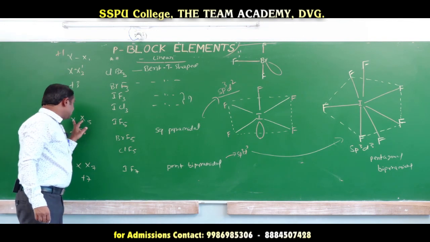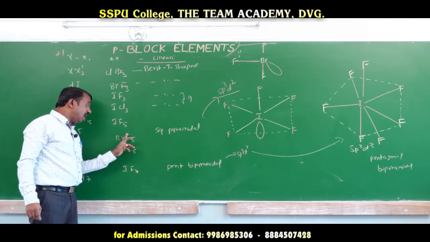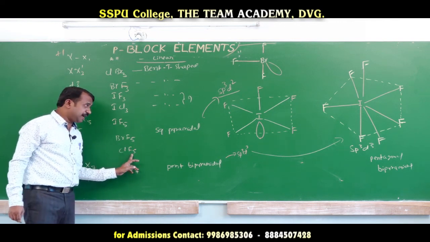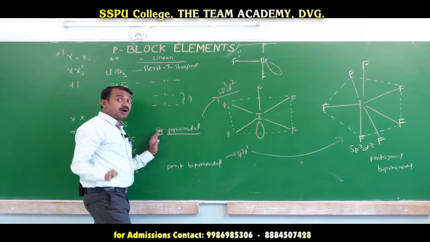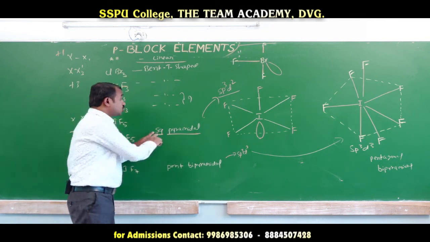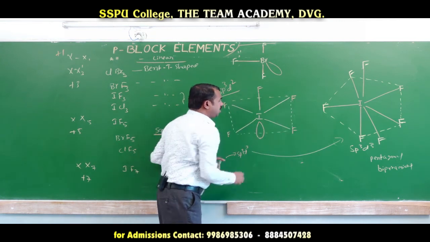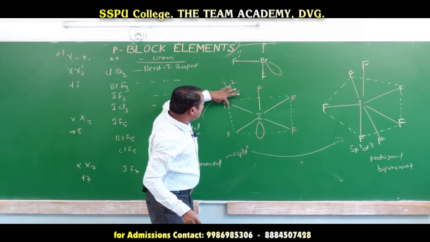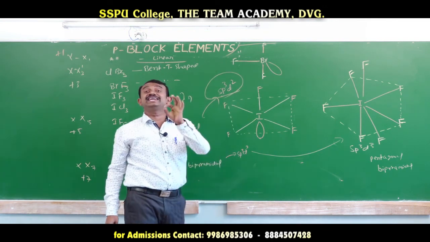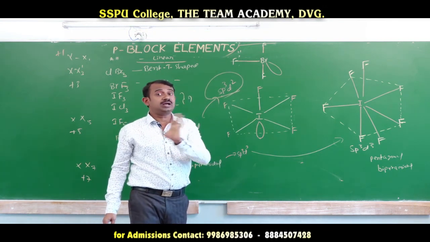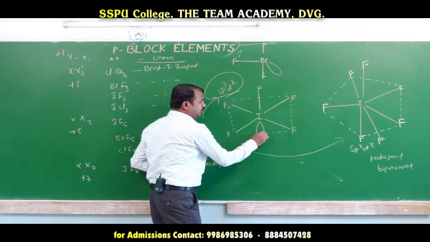When the oxidation state is 5, X X dash5, IF5, BrF5, ClF5, the shape is square pyramidal, not trigonal bipyramidal. This is square planar with a pyramidal arrangement: 1, 2, 3, 4. Its hybridization is sp3d2, like octahedral but containing a lone pair of electrons.